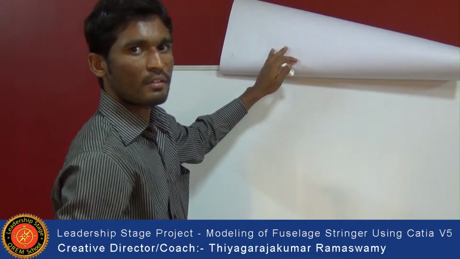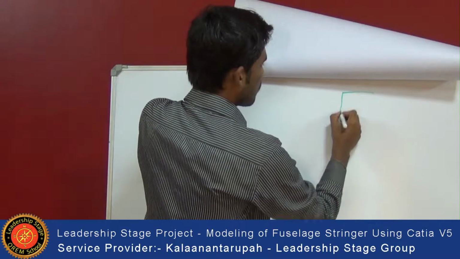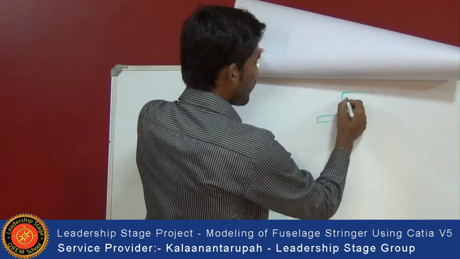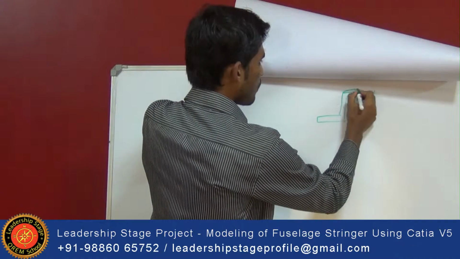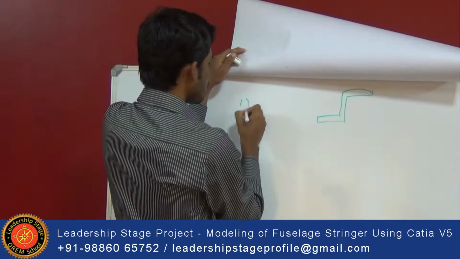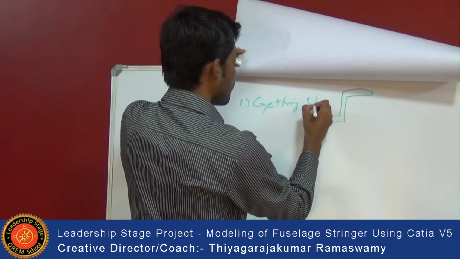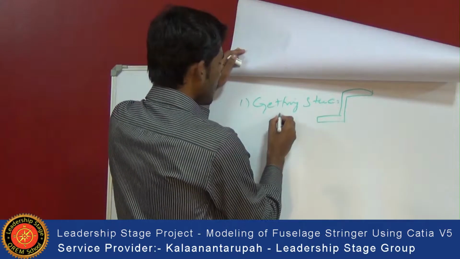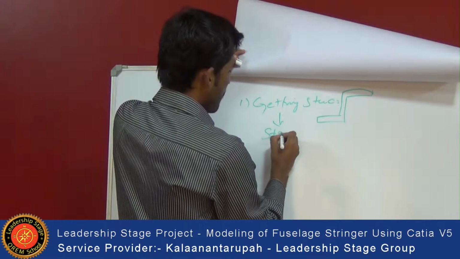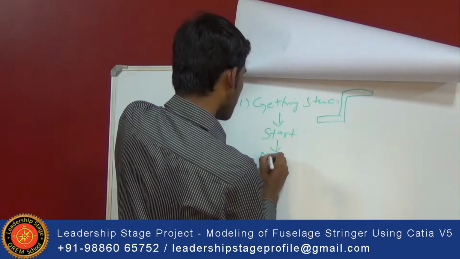First we are going to use part design. This is the rough diagram for the stringer. Once you get started with Catia, go to Start, then Mechanical Design.